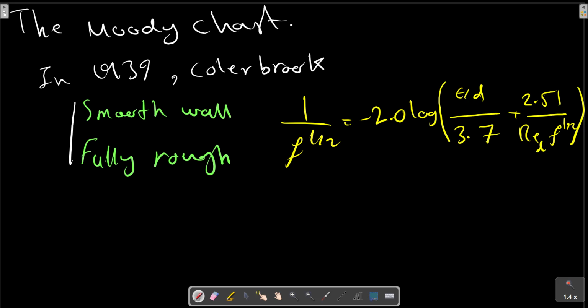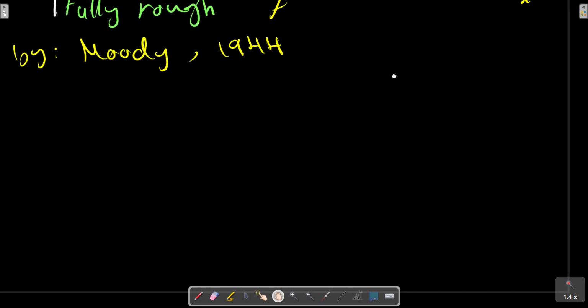It was plotted also in diagrams as the Moody diagram by Moody in the 20th century, as this picture.